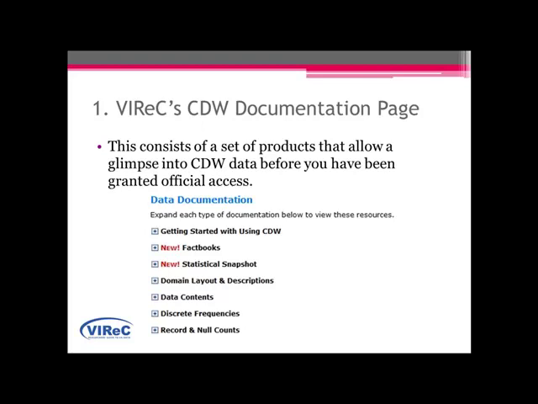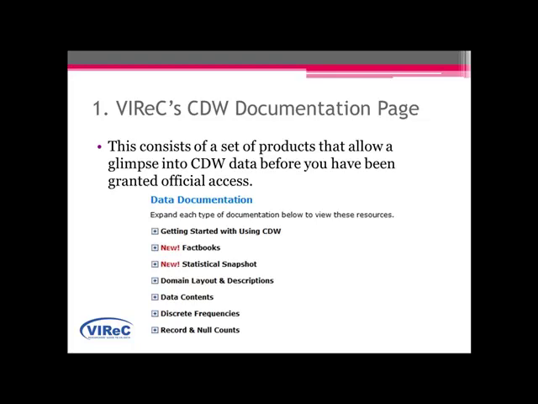The first thing listed there is getting started using CDW, and that's really a list of links to all the cyber seminars that I've given for introductory purposes. So if you're new, getting started, want to be introduced to the CDW, all of the cyber seminars in this series are listed right here on this page. Second, you see the fact books, which are documentation of the content found in domains.